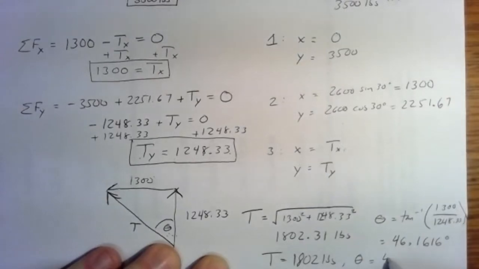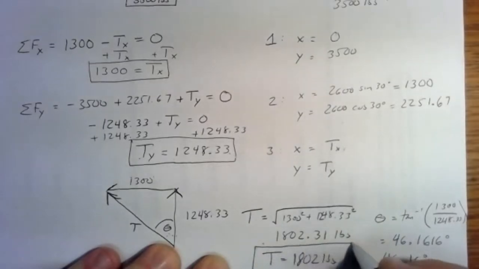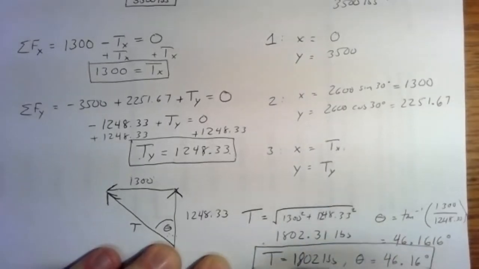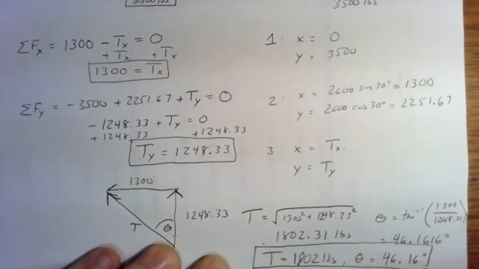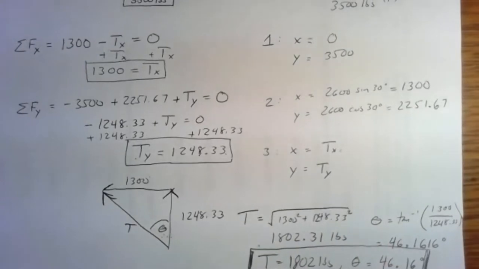And the angle is 46.16 degrees. And always a good idea to box in those final answers so that it's really clear to whoever's reading it that this is the answer you want. So 1,802 pounds at 46.16 degrees.